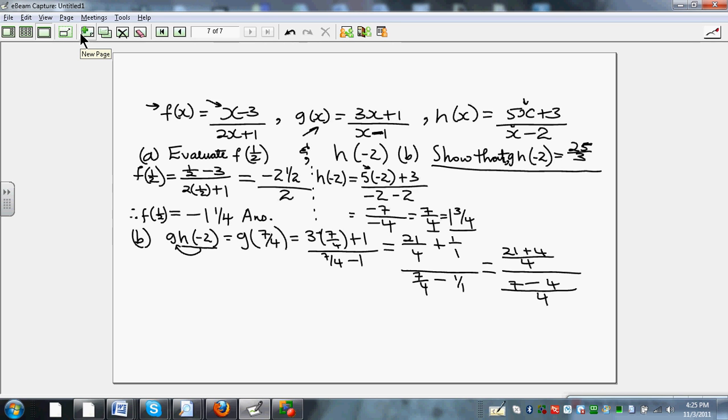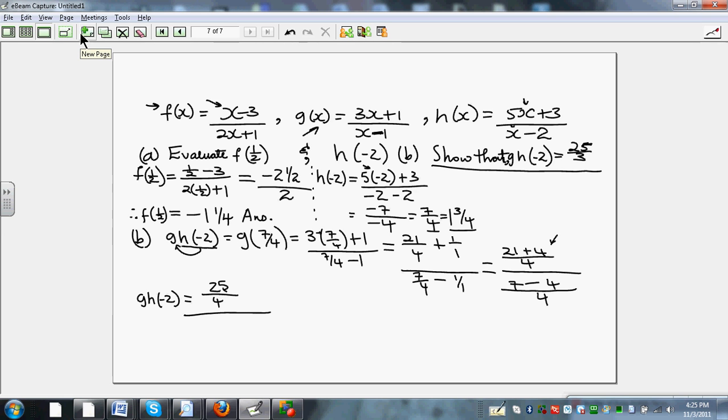So what we would end up with next is we could then write GH of minus 2 would be equal to, if we work out the top part here, we'll get 21 plus 4, which is 25 over 4. We get that on top, over what we'd get at the bottom, 7 minus 4.